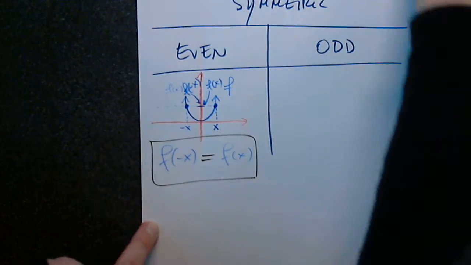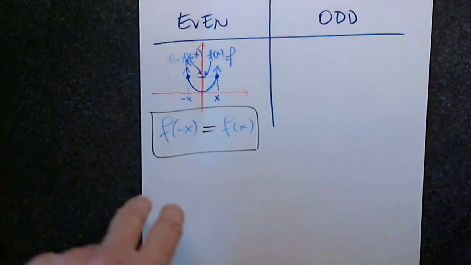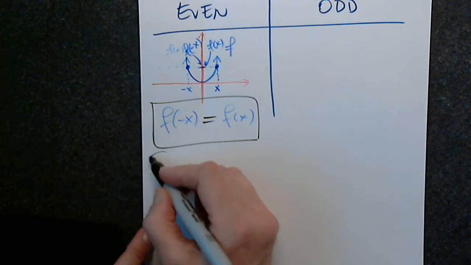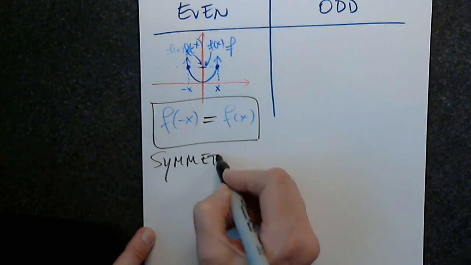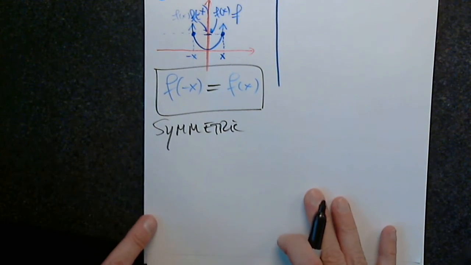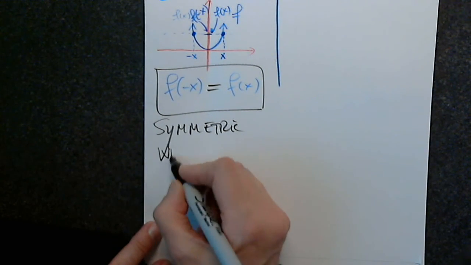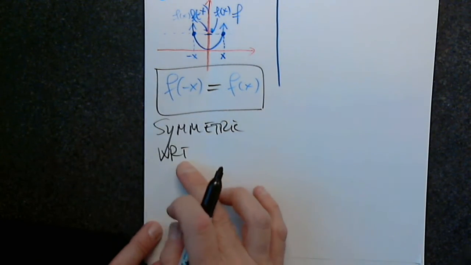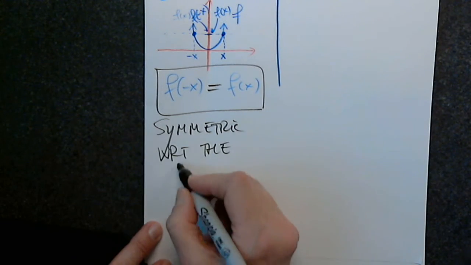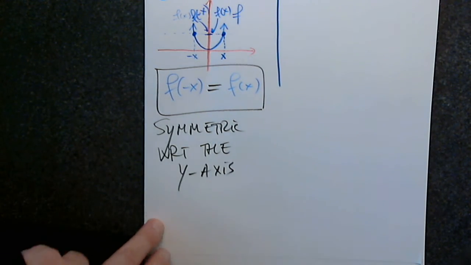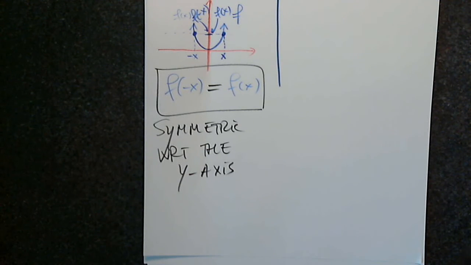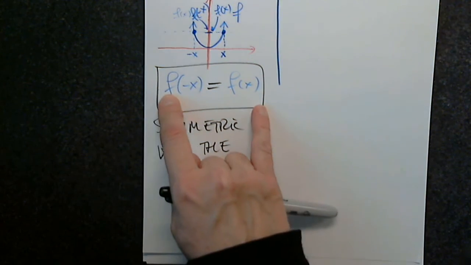They must be equal. If a function is symmetric with respect to the y-axis, symmetric, this is how lazy people write with respect to, WRT, with respect to the y-axis. If a function is even, its graph will be symmetric with respect to the y-axis, and the relationship between f of negative x and f of x will be this.